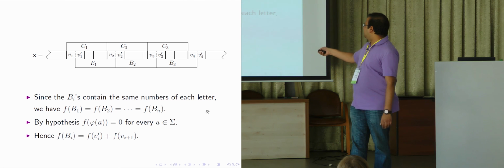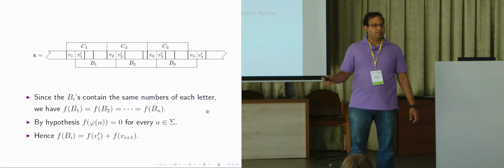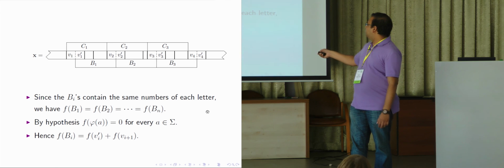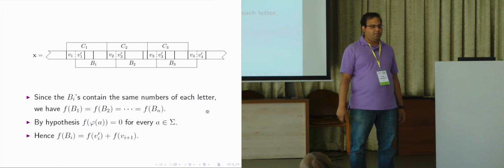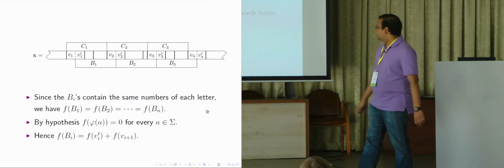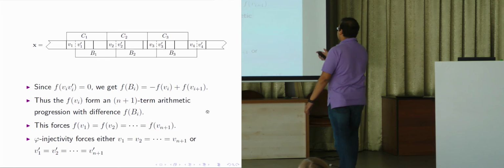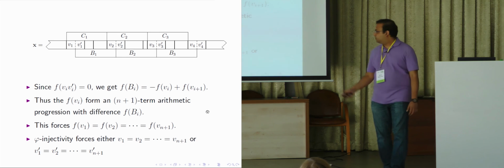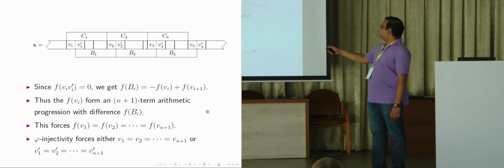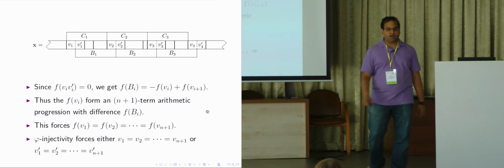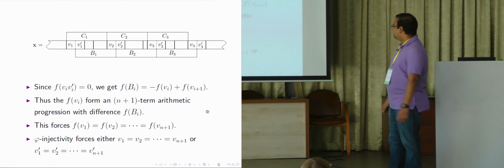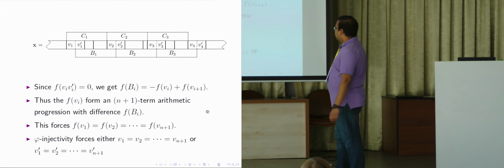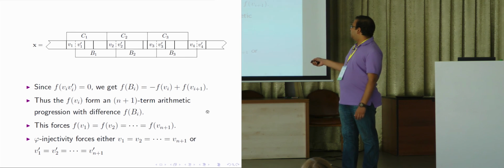Because the weights of the B's are the same, and the weights of all the stuff in the middle is just 0. So, these things will form an arithmetic progression with the difference of whatever the Bi's are. So, I have this arithmetic progression.